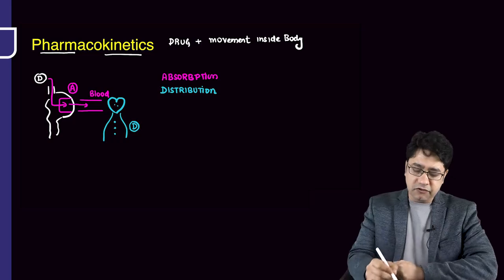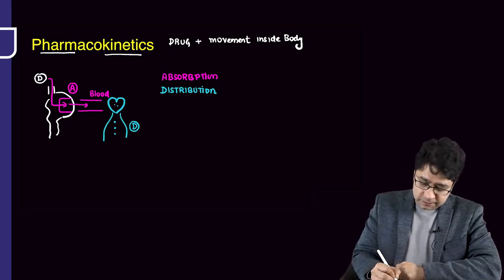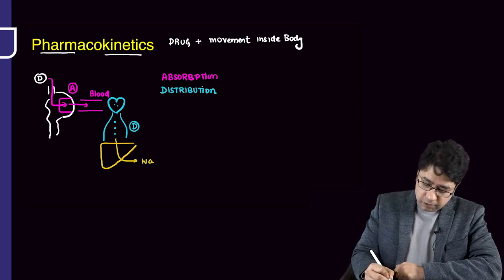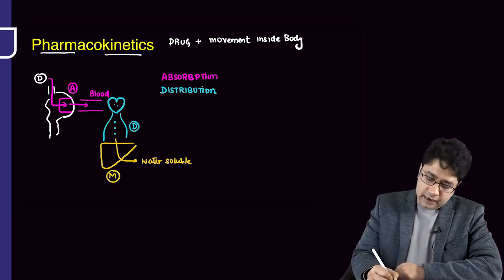So what happens first? This drug goes to certain organs like the liver, and the liver converts this drug into water soluble form. And this step of converting a drug into a water soluble form is known as M. M stands for metabolism of a drug.